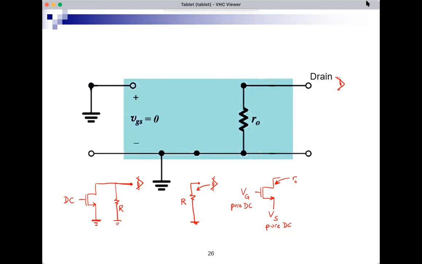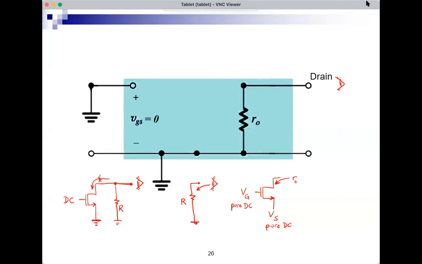That's correct. So if I have such a situation, this is my first resistor, and it will be in parallel with whatever I see looking into here. So this I would see R in parallel with whatever the second I would see. This second I is looking into the drain of the MOSFET with gate and source at DC levels.